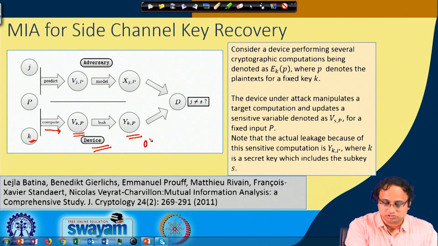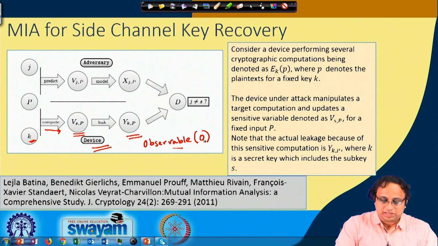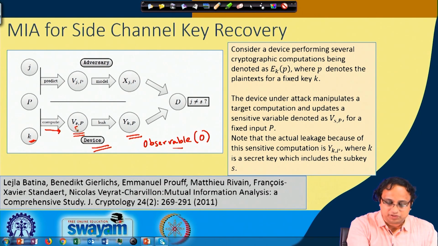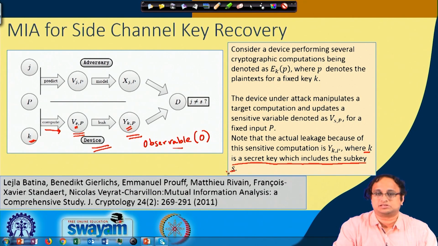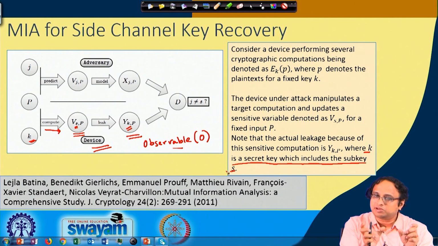This is an observable, so we call this the observable leakage, often denoted as O. Note that although you are probably processing on a part of the key, or part of the state, the leakage is denoted by K, where K is the secret key which includes the sub key S. Therefore, the total leakage will not happen only because of the part of the key, but because of the part of the key along with the remaining parts of the key also.